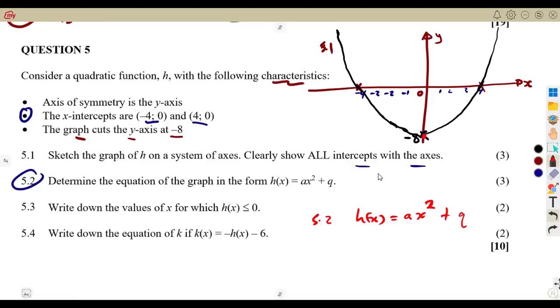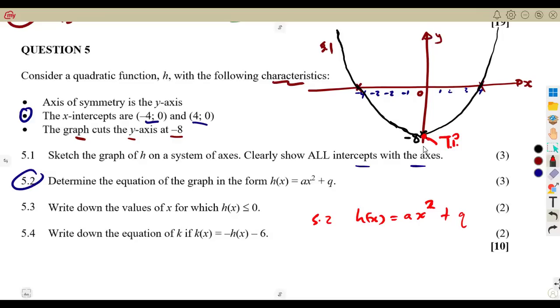When we say the y-axis is the axis of symmetry, this point, minus 8, is the y-intercept, but it is also a turning point.